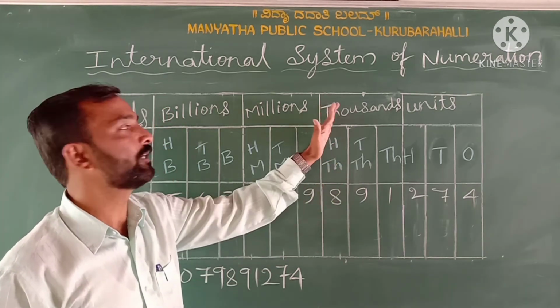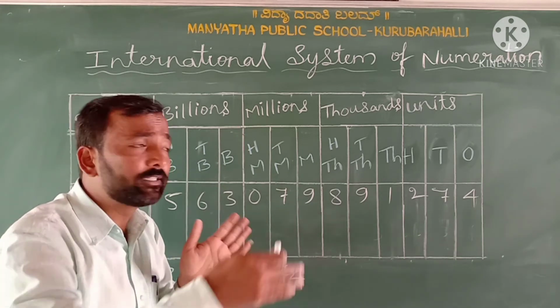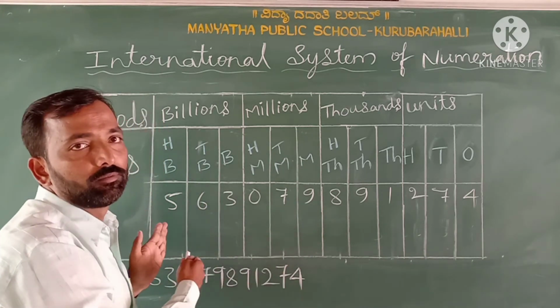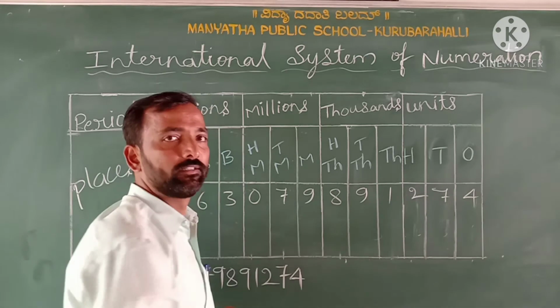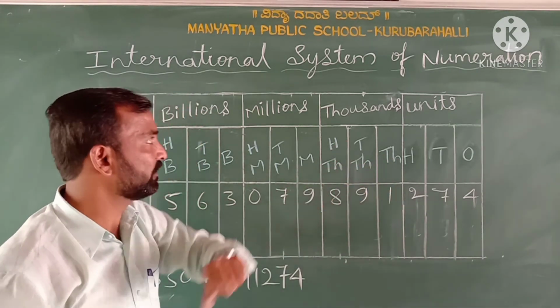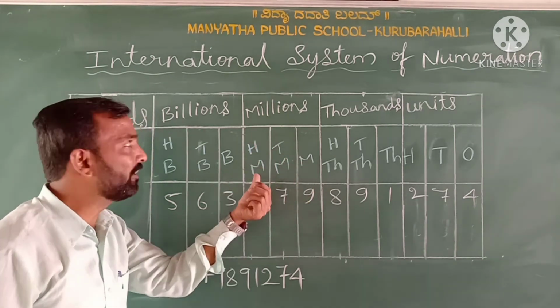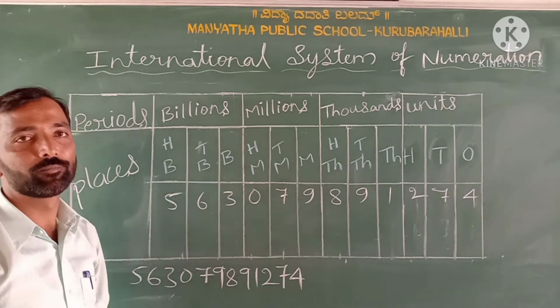After the thousands period, it is millions. Every period is divided into 3 equal parts. Here ones, tens, hundreds. Thousands, 10,000s, 100,000s. Millions, 10 million, 100 million, billions, 10 billion, 100 billion.